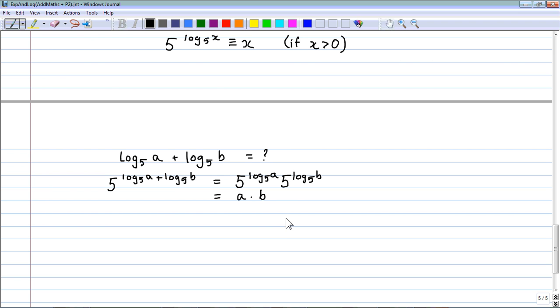Okay, so given that that is true, let's see that as one equation: 5 to the power log base 5 of a plus log base 5 of b is equal to a times b. Now let's apply the inverse function again on the whole thing. Log base 5 of the left-hand side, 5 to the power log base 5 of a plus log base 5 of b, must be equal to log base 5 of ab.